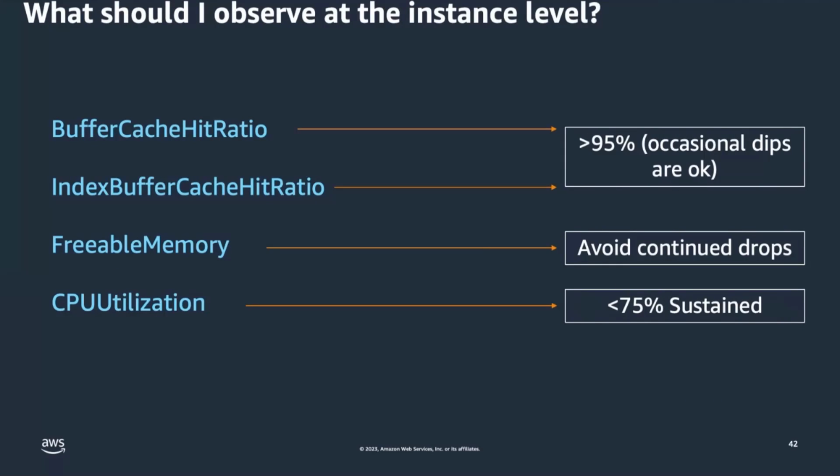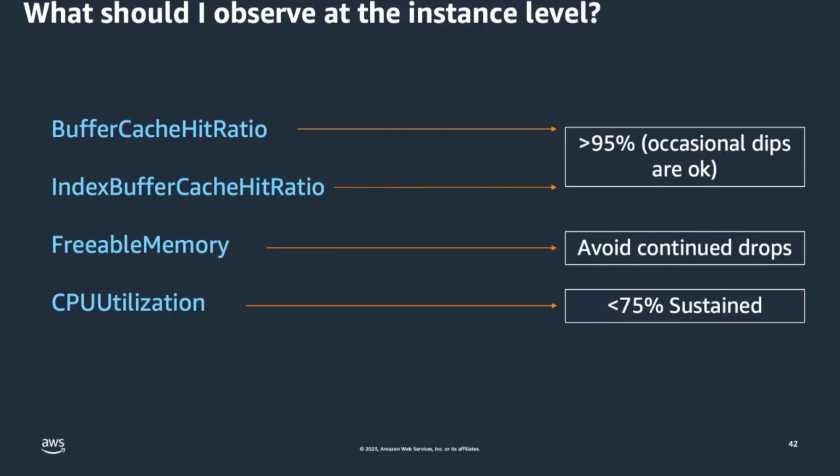These are the overall thresholds that we suggest you keep for your clusters. You want your cache hit ratio as high as possible, probably over 95%. Just note, you will see occasional dips, such as in write heavy operation. So occasional dips are fine, but a consistent dip is not good.